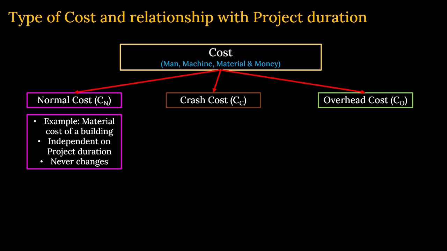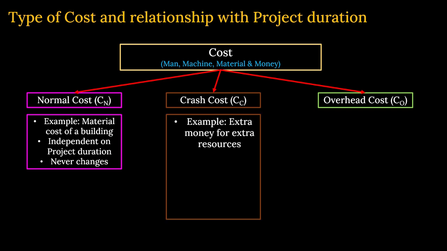For example, now we are talking about the crash cost. What is the crash cost? The extra money or extra resources you deploy to complete the project in less than the normal time period. So instead of 11 days, say for example, you want to complete it in 10 days or 9 days.